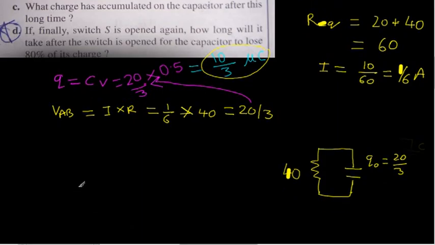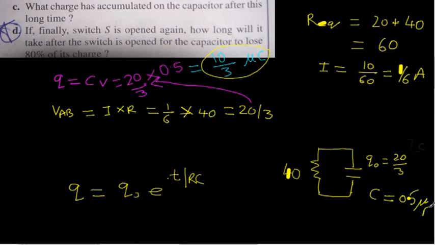Means at any point the charge will be Q naught e to the power minus t by RC. You know the value of C here. C is 0.5 microfarad. Now you know this value, you know R value.